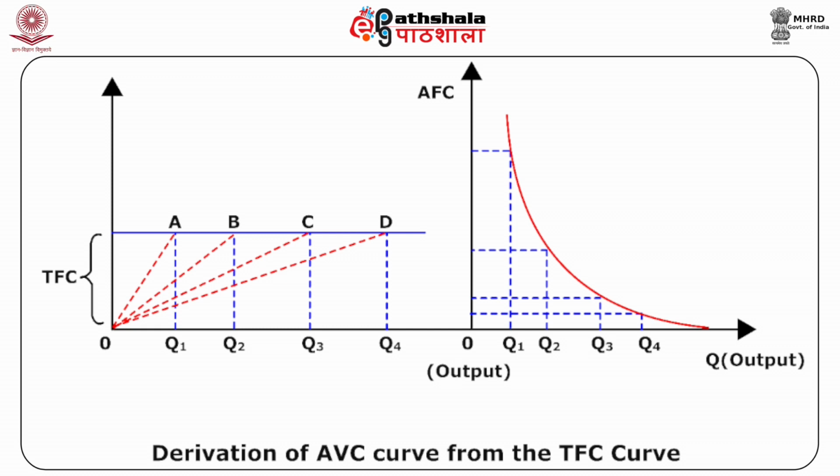So total fixed cost divided by quantity is height by base. So it is the slope of the line OA.